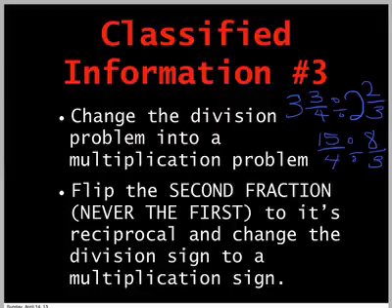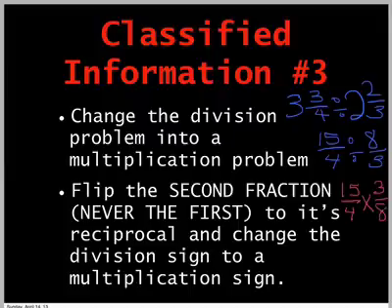So let's do that. Let me just point to the second fraction here. Our second fraction is this guy. Okay, not the first one. We do not flip the first one. So I'm going to go ahead and write that. Okay, so we write 15 over 4 times, because we changed that, 3 over 8. That's our new problem.